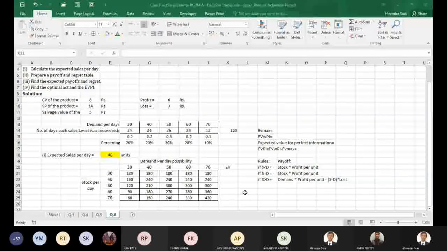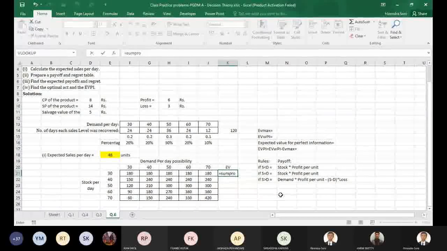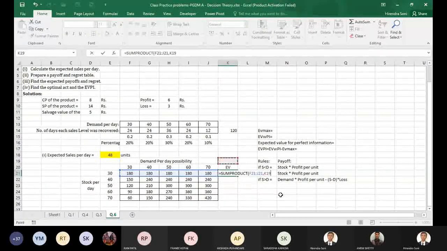So expected payoff would be equal to sum product, that means 180 into its probability plus 180 into this probability plus 180 into this probability and so on. So sum product of this value with this value, this is going to be common, so I will just freeze it.